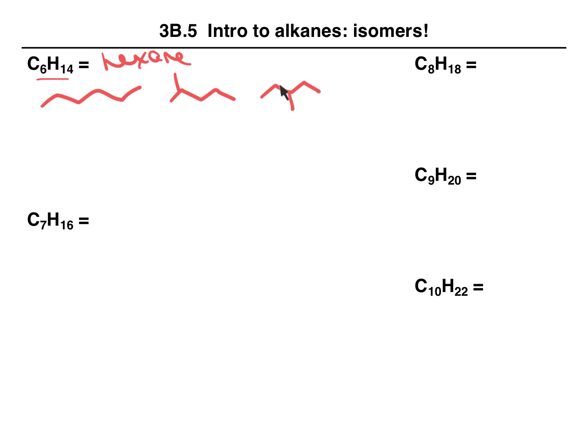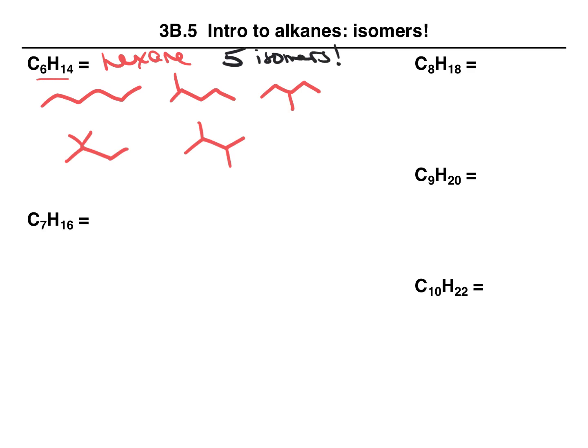If I had 1, 2, 3, 4, 5 with a branch off the fourth carbon, that's just the same as this. But we're still not done. We can have 1, 2, 3, 4 carbons with 2 methyl branches off the second carbon, or 1, 2, 3, 4 with a methyl group and another methyl group. So with hexane, we have 5 isomers.